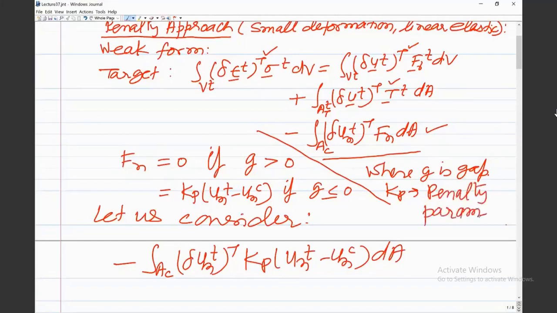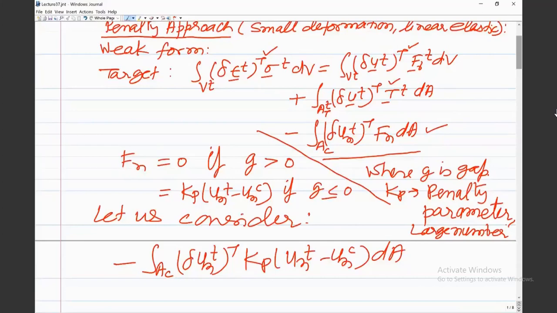For enforcing the constraints accurately, this penalty parameter has to be a large number. But when you say large, how large actually? If it is very large, it leads to ill conditioning of the stiffness matrix, so you can't solve. If it is too small, it will not enforce the constraints at the contact region accurately. So it has to be an appropriate value.